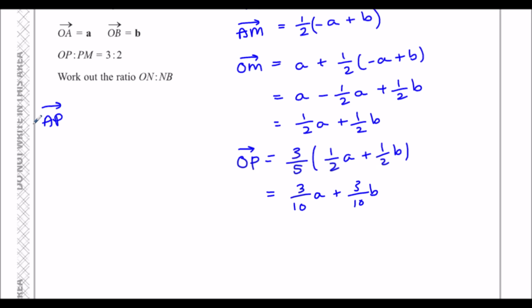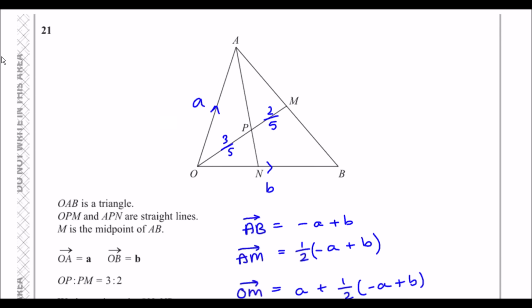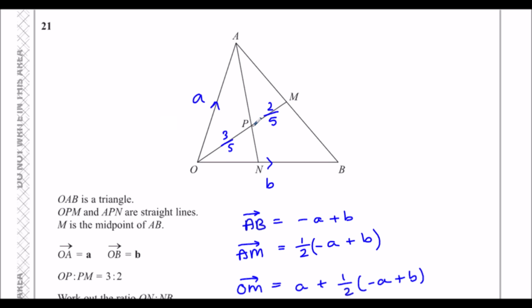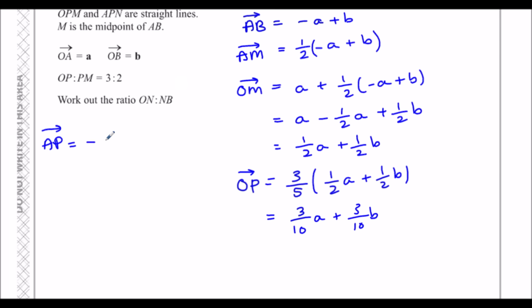A to P is going to be a negative a plus O to P, what I just worked out. So negative a plus 3/10 of an a plus 3/10 of a b, which is 3/10 take away a whole, minus 7/10 of an a plus 3/10 of a b.